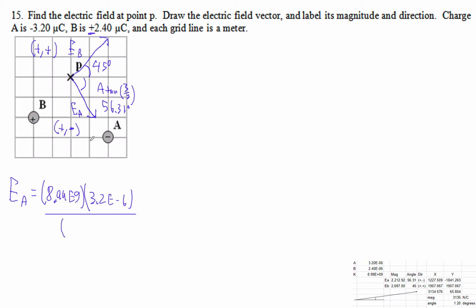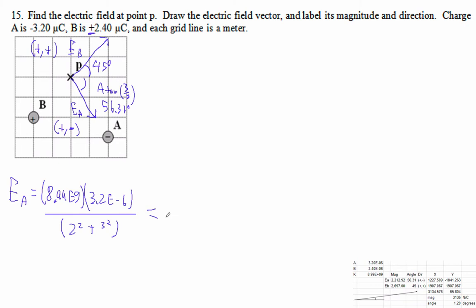Okay, so let's see. And A is 2 over 3 down, right? So it's going to be 2 squared plus 3 squared. Now, really, I should be taking the square root of that and then squaring it. But if you do that, the square root and the square go away. So this is what you end up with. All right, so let's do that. 8.99 E9 times 3.2 E minus 6, and then in the denominator, 2 squared plus 3 squared.